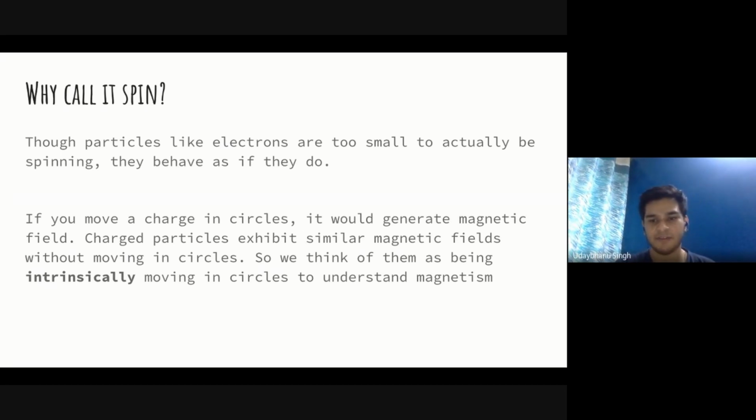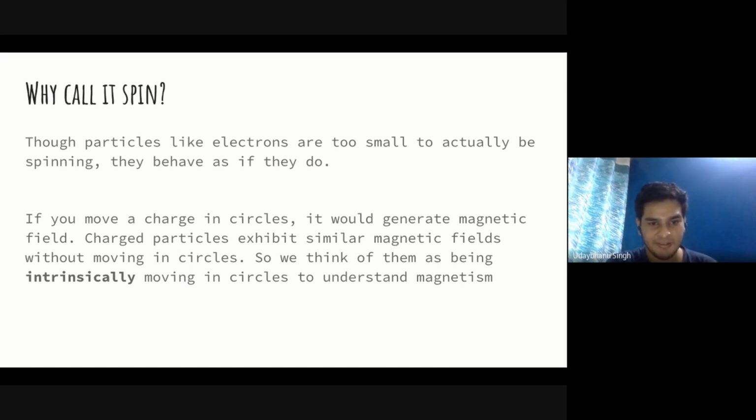It's as if the particle is actually spinning, so it's exhibiting all the behaviors it would if any charged body was spinning, but it's doing that while actually not spinning, which is why it's an intrinsic property. It's happening just because it's happening. It's some property that the charged particles and the fundamental particles just happen to have because the universe is just made in that way. And that's what spin is. It's basically a concept that allows us to understand why certain particles have magnetic fields around them.